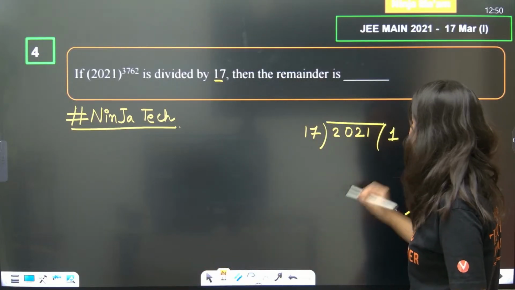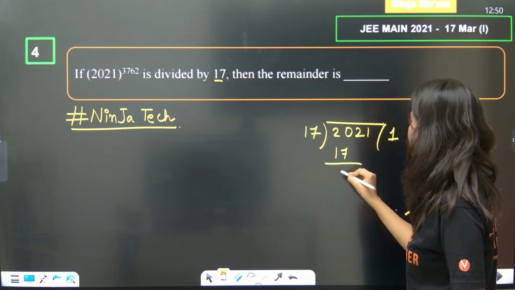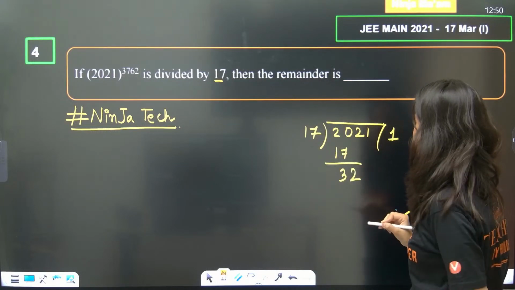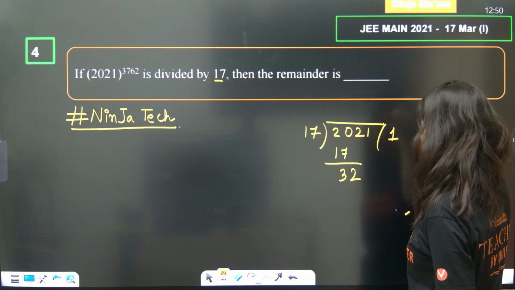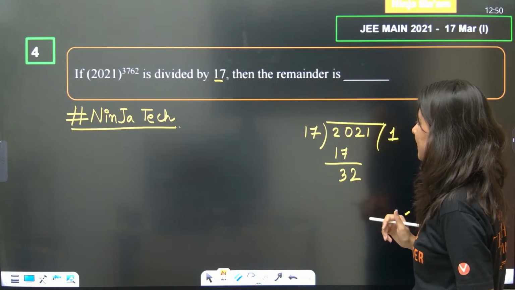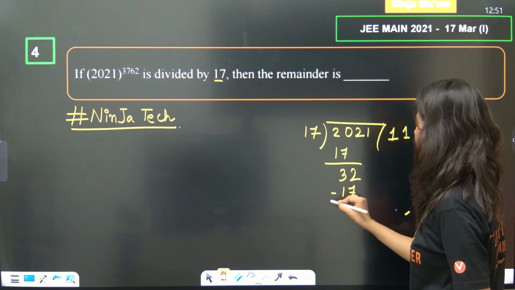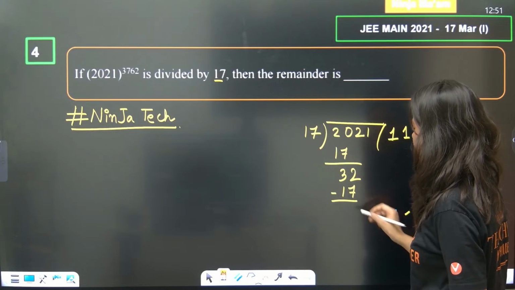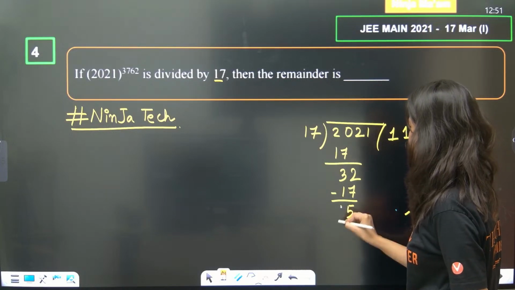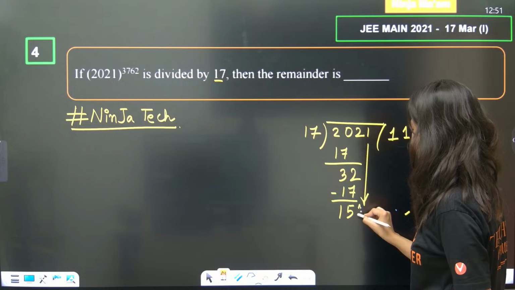17 ones are 17. 3 and 2. 17 again, 2 carry. 17 ones are 17. Again 17 minus, so how much will it come? 12 minus 7 is 5. And this is 15. And this is 151.